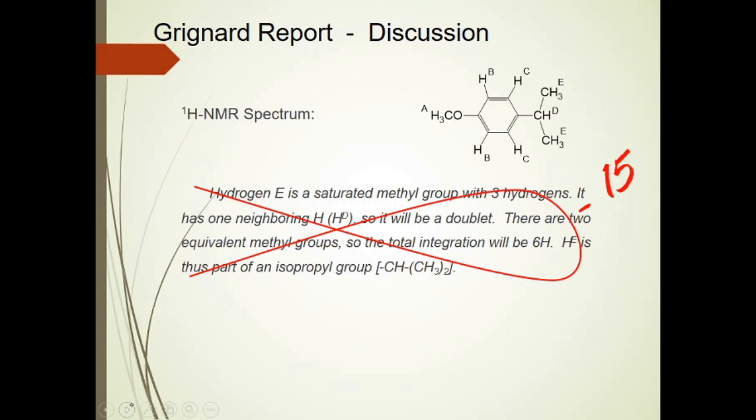You will see this. Why? What is wrong with this analysis? Hydrogen E is indeed a methyl group. It is indeed next to a CH, so we would expect it to be a doublet, and there are 2 hydrogen E's, so we would have a total integration of 6. So what is wrong with this analysis?